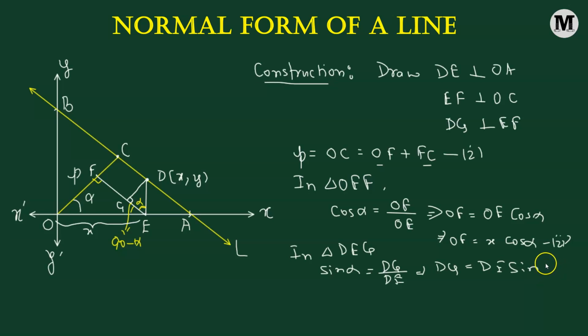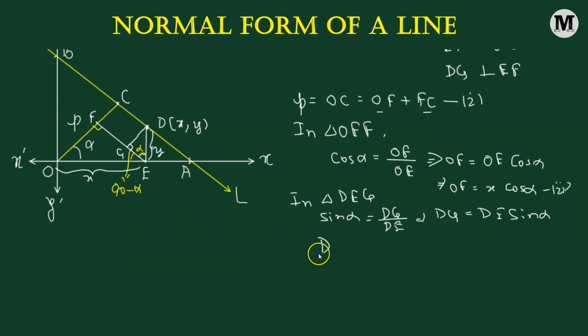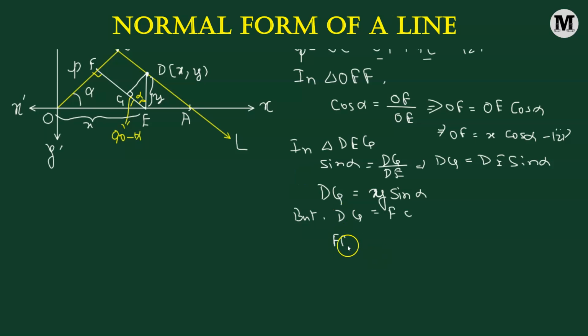Now DE is simply the height of the point D, which is y. So we have obtained that the length of DG is equal to y multiplied by sine alpha. But DG is the same as FC. So FC is equal to y sine alpha, and let's call it number 3.